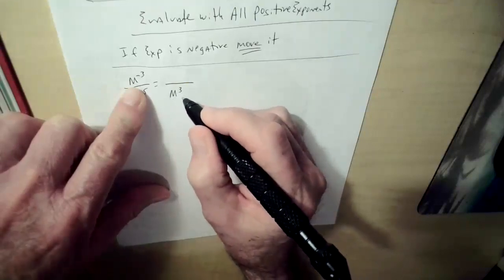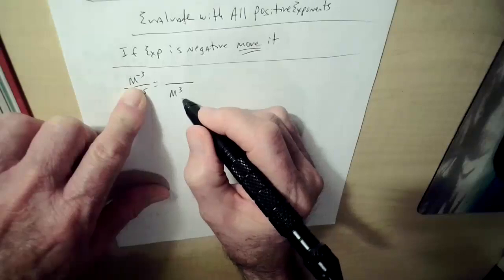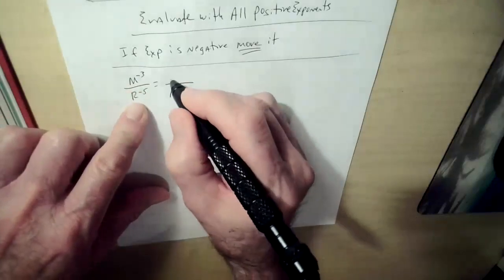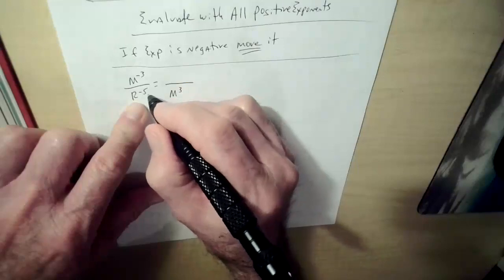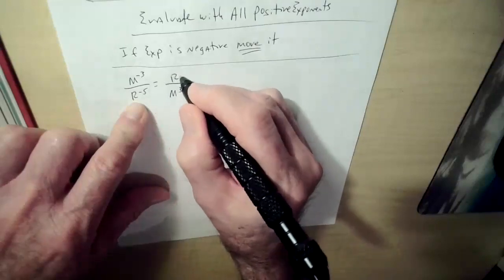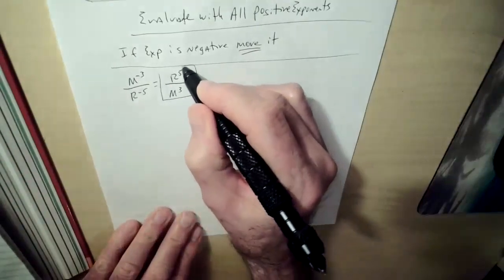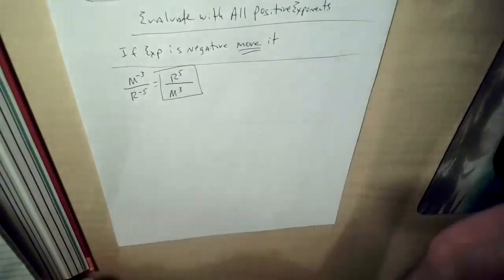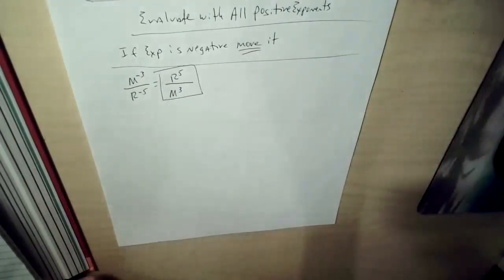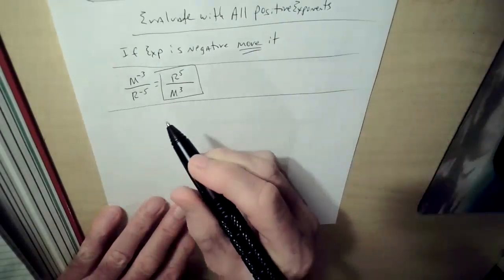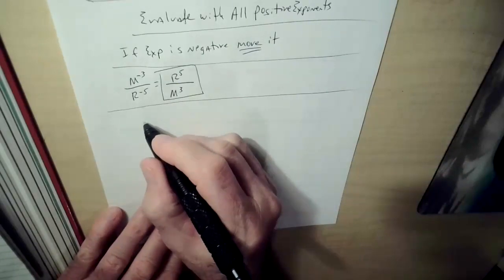You just get longer. So take them one at a time. M to the minus third, where does it go? The bottom. And when you move it, the exponent becomes positive. R to the minus 5, the exponent is negative, so you move it. And the exponent becomes positive. Okay?